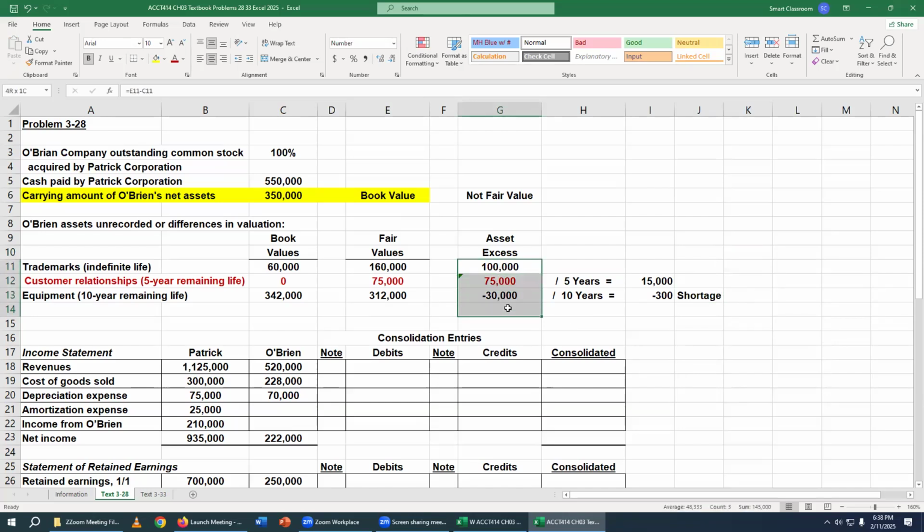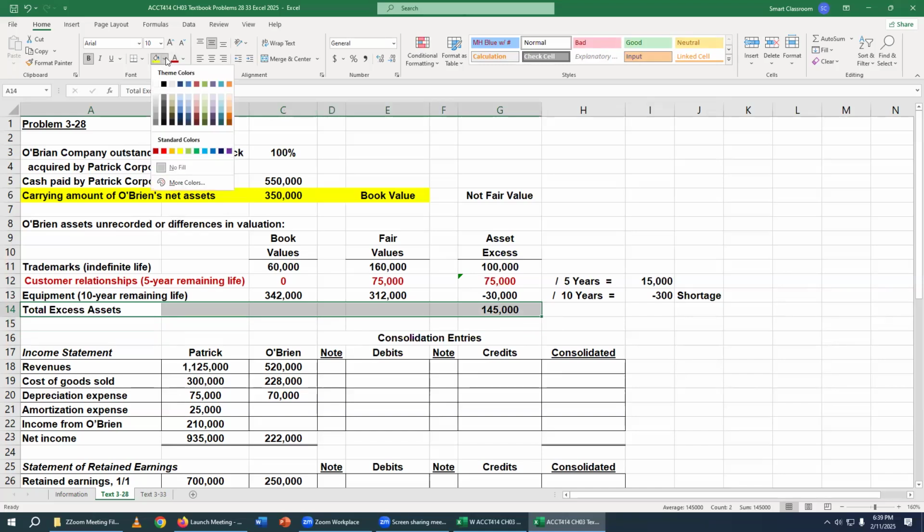So the net of these is 145. So this is the total excess. Maybe a better word would be net excess assets. I'll leave it total. Okay, so this is our total excess assets, the total for all of them together.